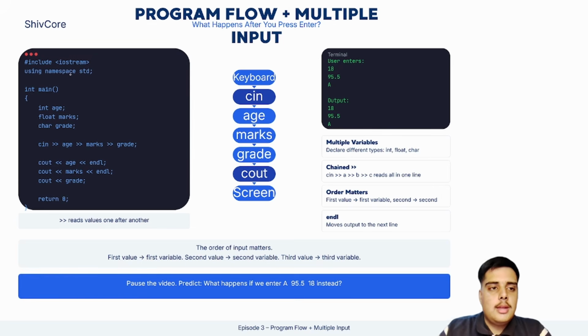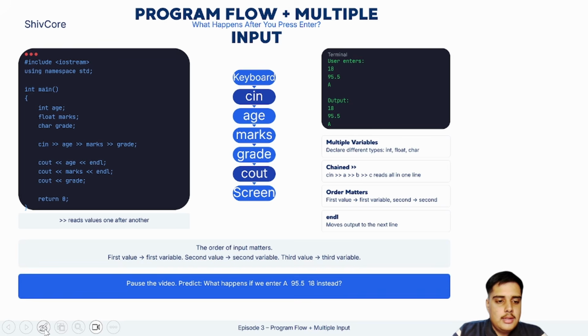Let's say at the left side you can see this code. Hashtag include iostream, using namespace std. You know that. Int main, and then int age, float marks, char grade. So this is the main line.